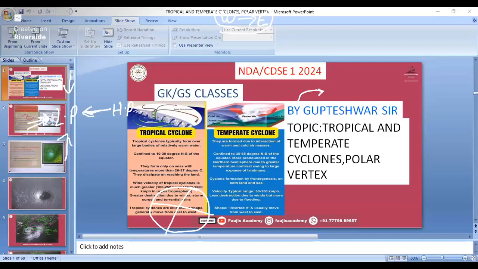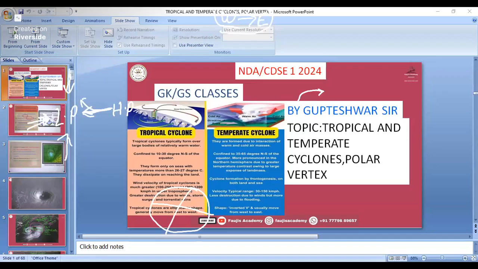Don't take the southern hemisphere now; we will study it later. So in the northern hemisphere, when the wind is blowing from this side and goes like this, due to the Coriolis force it deflects towards the right.